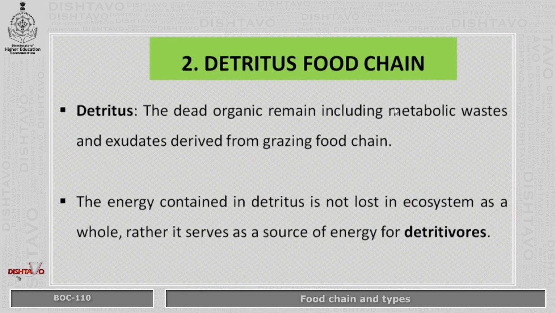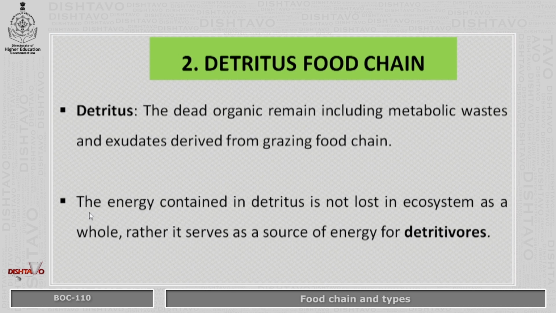Coming to the second type of food chain, detritus food chain starts with the detritus or the dead matter and goes to the microorganisms and in turn goes to the other organisms which depend upon the detritus. Now what is detritus? Detritus is dead organic remains including the metabolic waste and exudates derived from the grazing food chain.